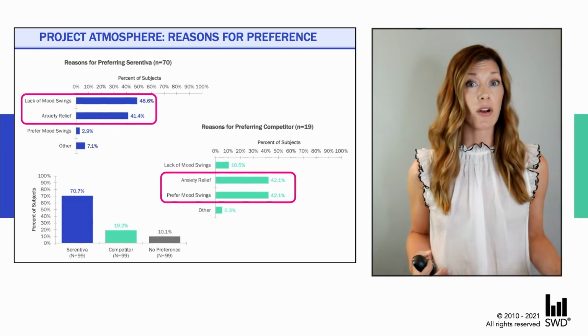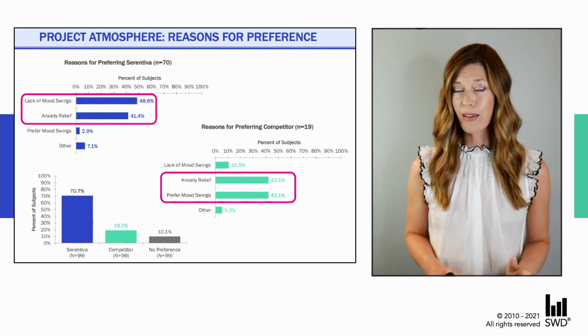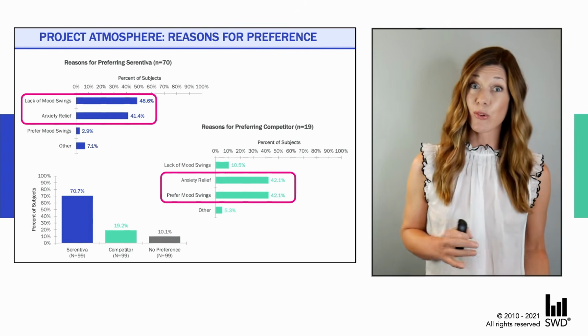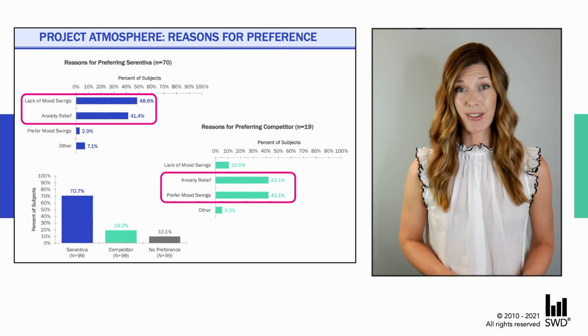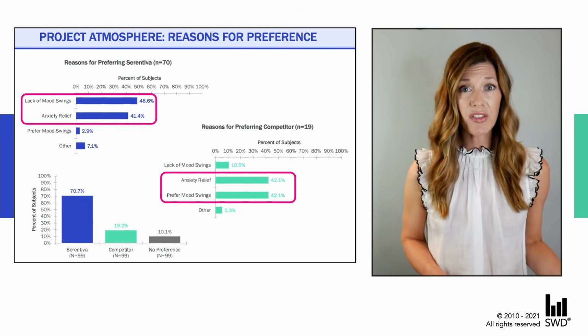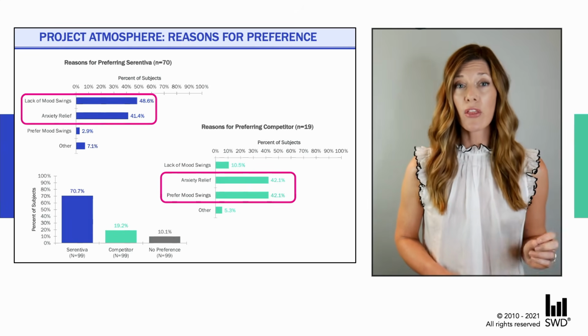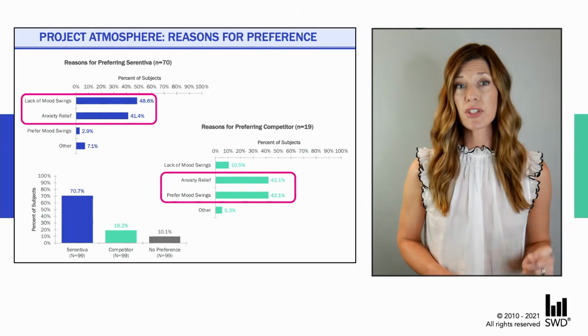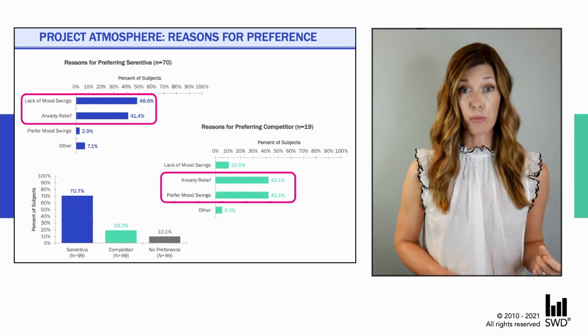Now is when I start reading things. Actually, this is where things get a little confusing, because the things I read actually run counter to some of the observations I just made. So if we start at the top left, we see that that graph represents those who expressed preference for Serentiva. There were 70 people who fit in that group.